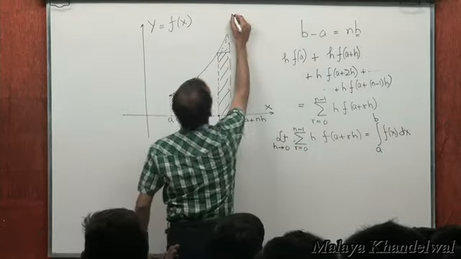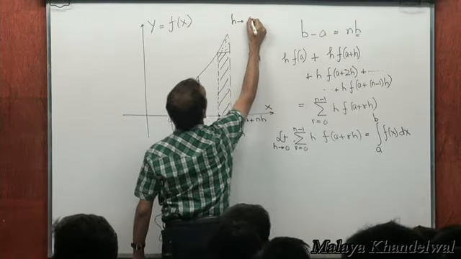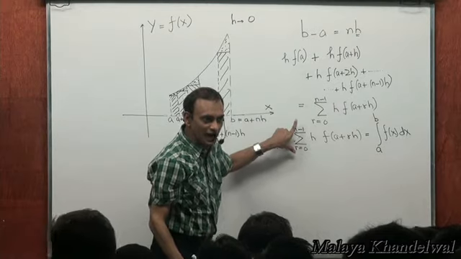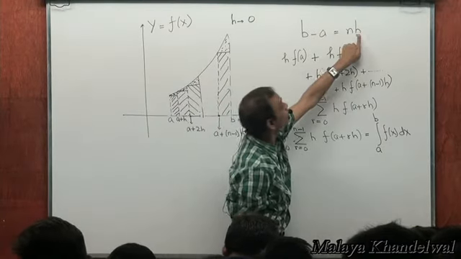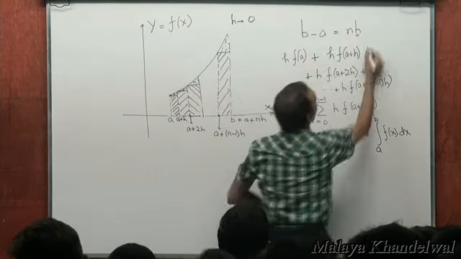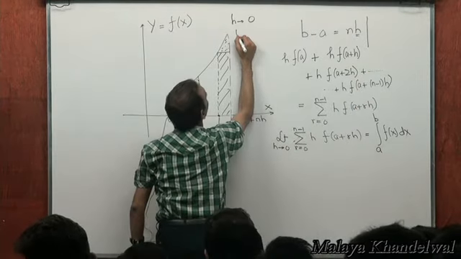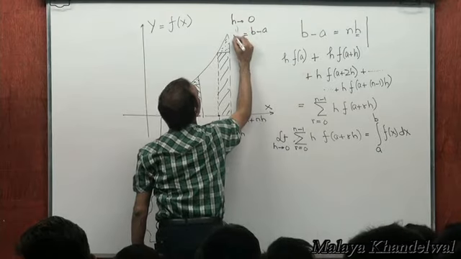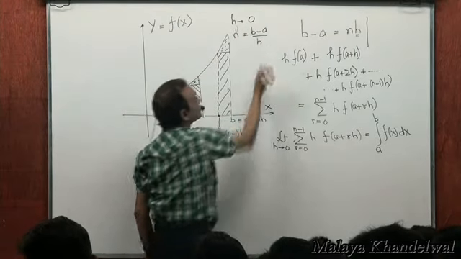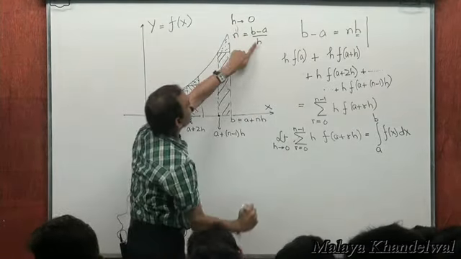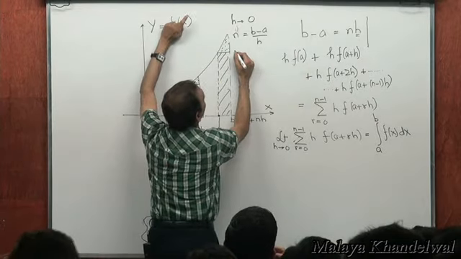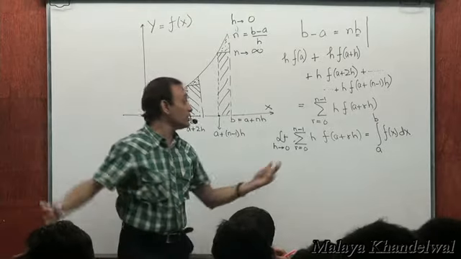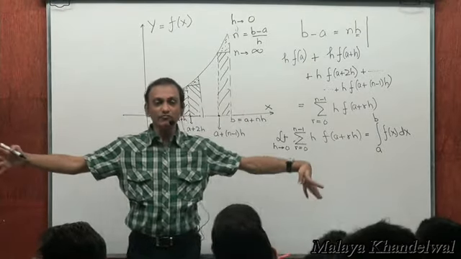Because as h tends to 0, see, the number of terms here is n. As h tends to 0, n will tend to infinity. Why? Because h is (b minus a) by n, so n is (b minus a) by h. Right? So as h tends to 0, n tends to infinity. That means the number of terms in this summation will become infinitely large.